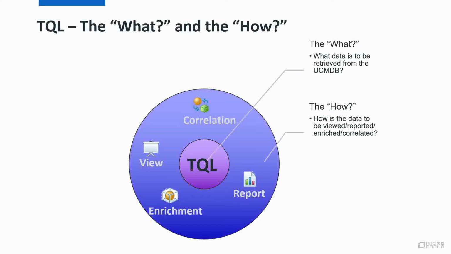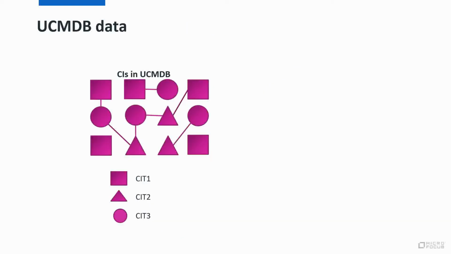Let's take a quick look at how we can do these selects. So let's say, for example, that the CIs that we have in UCMDB are on the left. They are CI type 1, which is a square, CI type 2, which is a triangle, and CI type 3, which is a circle. Now, this is not a really complete representation because we also store directionality, which is a powerful thing.